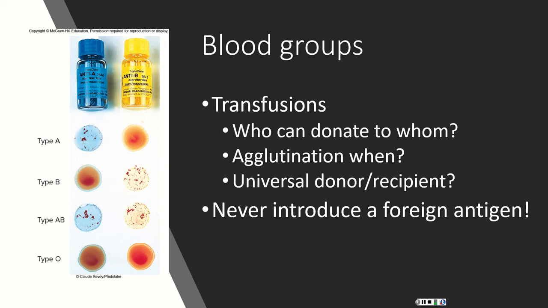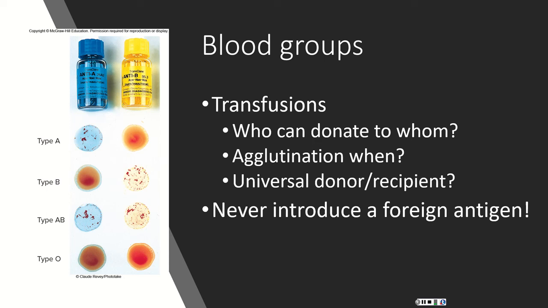So what happens if you accidentally introduce the wrong blood type? That's what we see over here. This is called agglutination. So agglutination occurs when an antigen and an antibody come together.